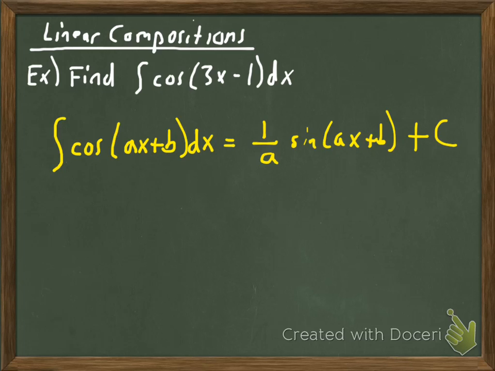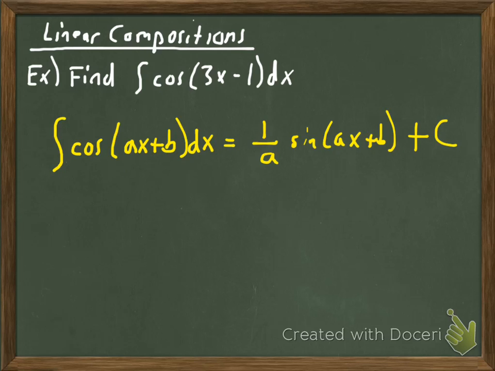So if you have a composition of a trig function with a linear function, you're still going to do the integral of the trig function the same way we just said in the rules a moment ago. The integral of cosine is still sine, and you're still going to have the sine of whatever that inner function was before. It's just that you're going to multiply that integral times the reciprocal of the linear coefficient, the reciprocal of a. And the same thing would happen if this was a sine right here.